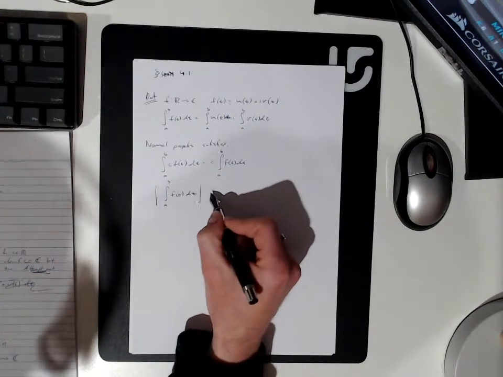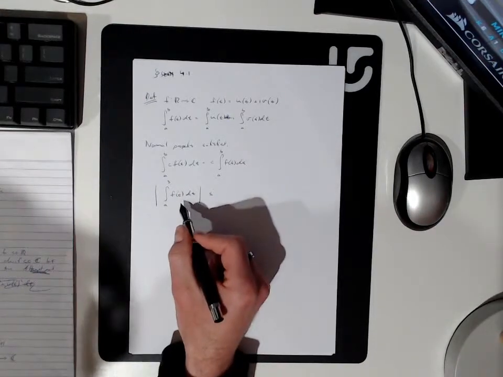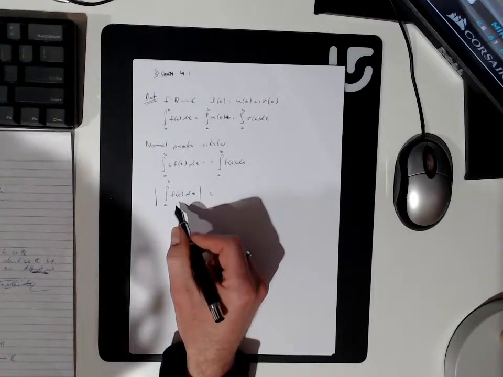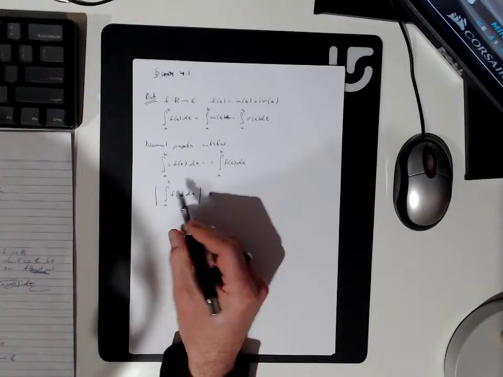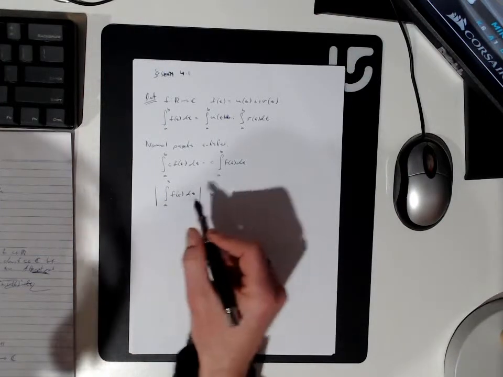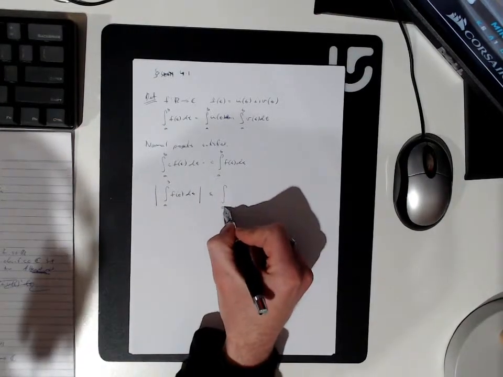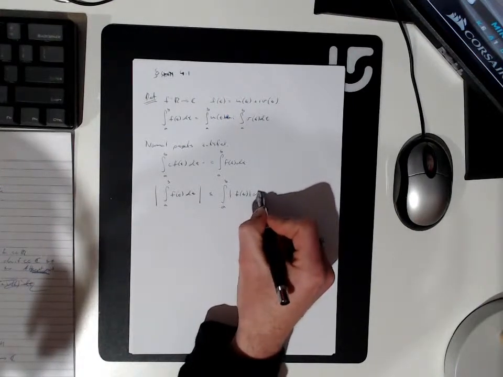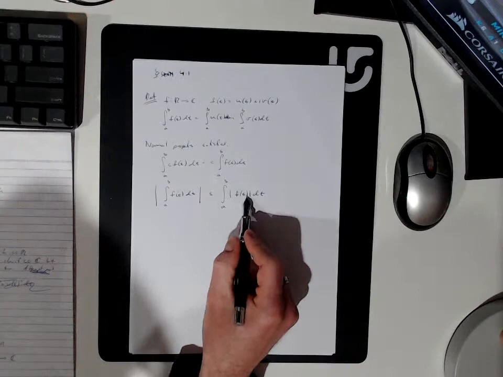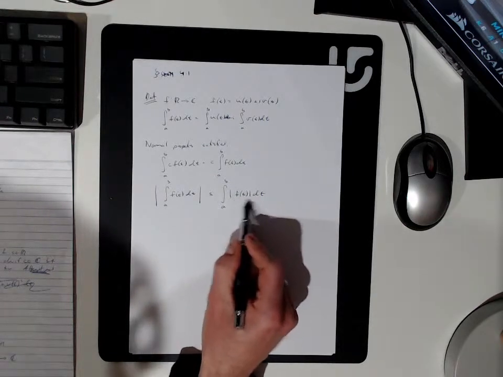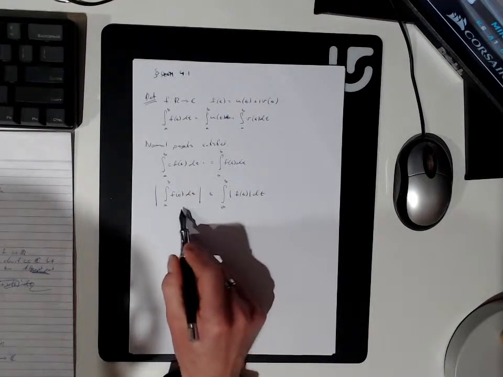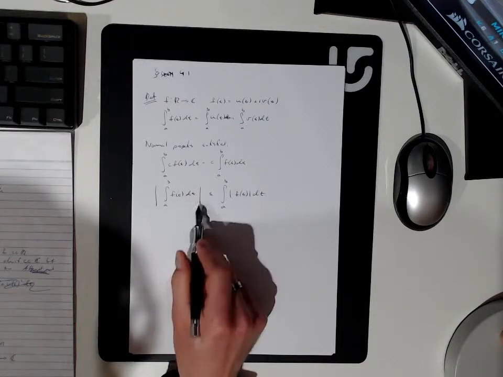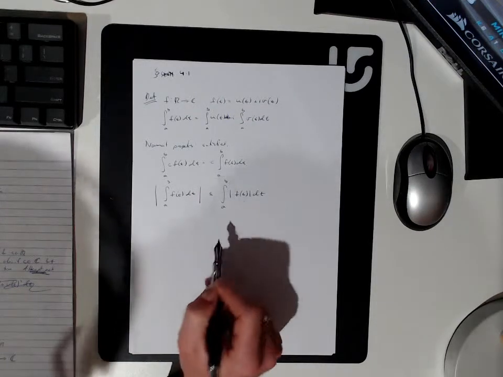The absolute value of an integral, of course the integral of a complex valued function will be a complex number, so this is a modulus of a complex number. It's going to be less than or equal to the integral of the absolute value of the function. So this is the modulus of a complex number, so that's real. So this is a real integral, and this is a complex integral, and that's the modulus, which means we're inside the real numbers and we can compare everything.